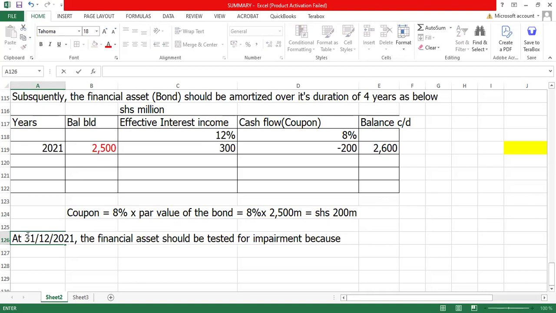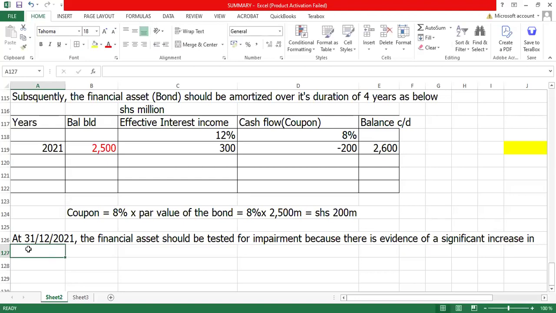Because why? Because there is evidence of a significant increase in the credit risk of the issuer.